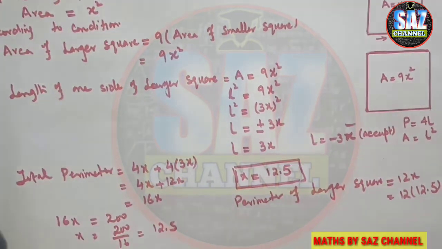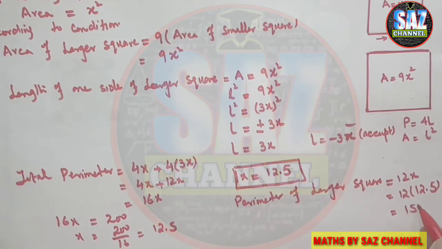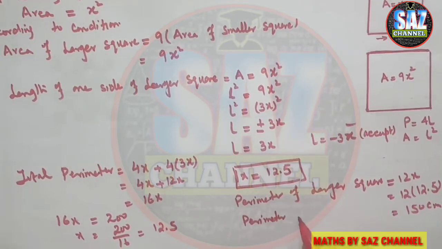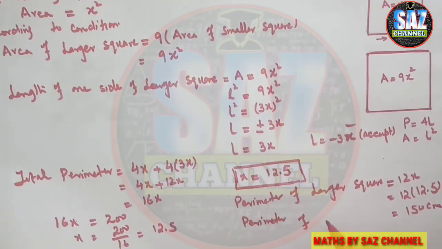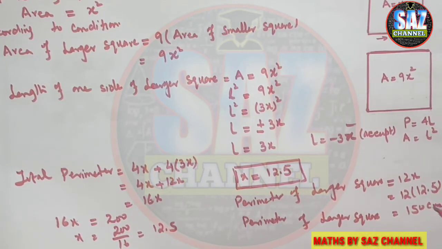So 12 multiplied by 12.5 will give me 150 centimeter. So the perimeter of larger square is 150 centimeter. I hope you are clear about this question.